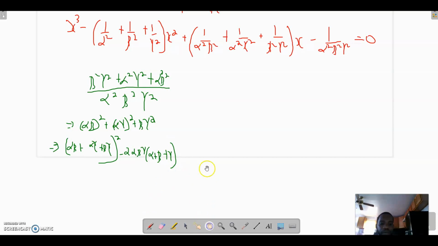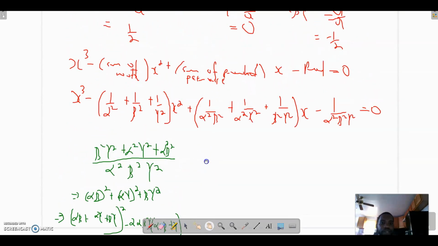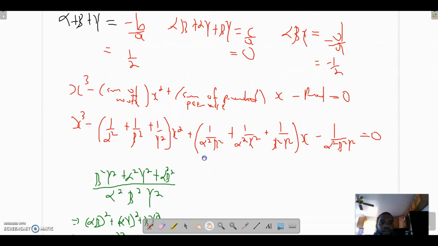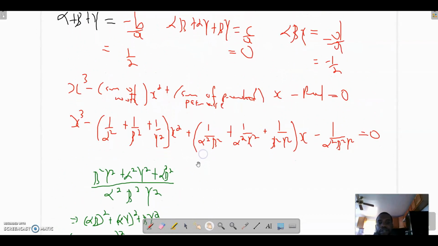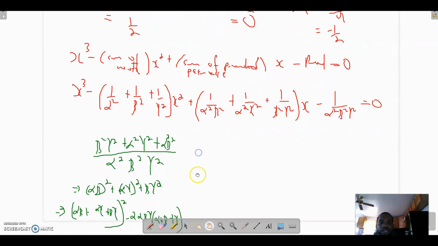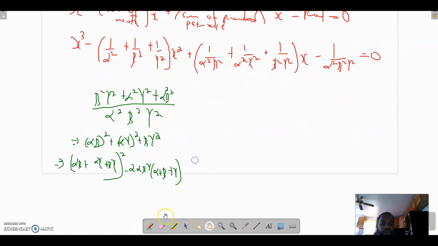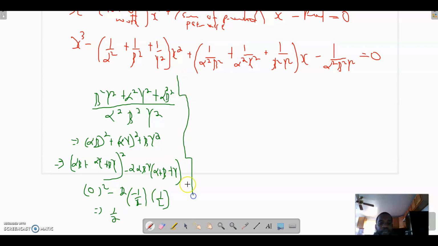And of course you can populate it because we worked this out already. Let's go back up: the sum of the roots is a half, the sum of the product pairwise is 0, and the product is -1/2. So this is really 0 squared minus 2 times -1/2 times 1/2. This is actually going to give me a +1/2.